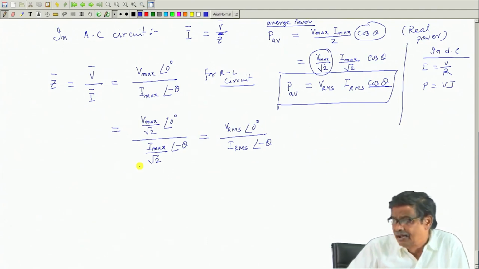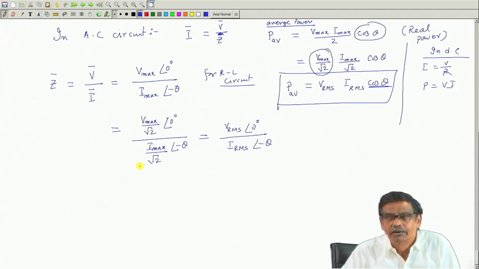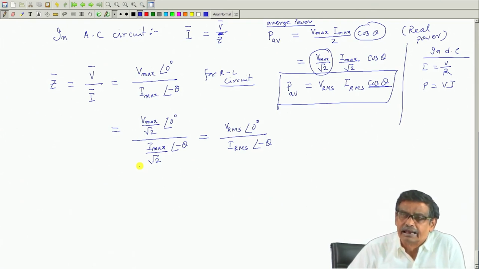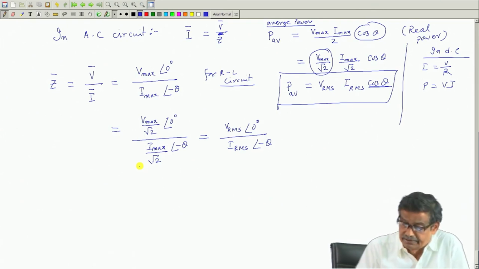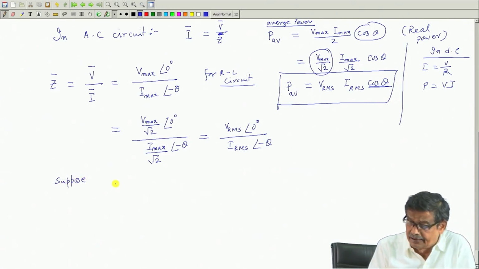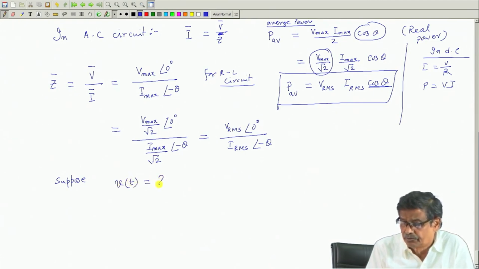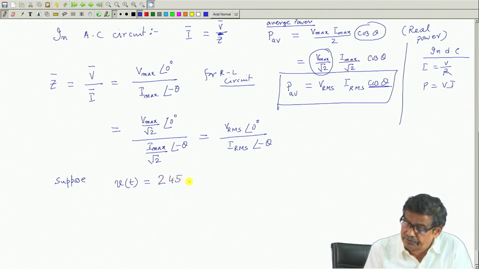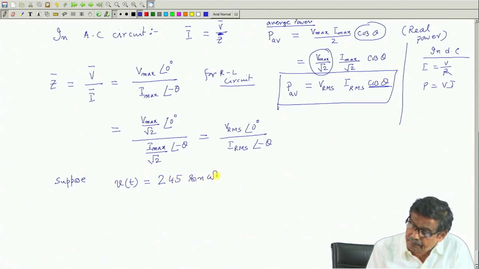Therefore, at the end, what people do is that if any sinusoidal quantity is there, suppose I say that v(t) is equal to 245 volt sin omega t.